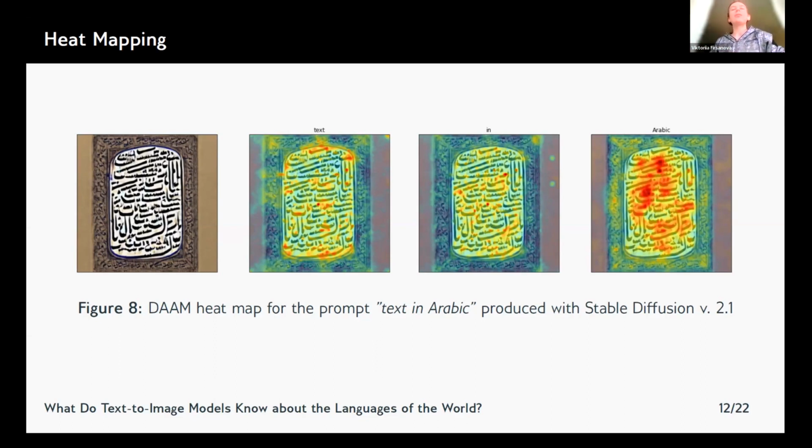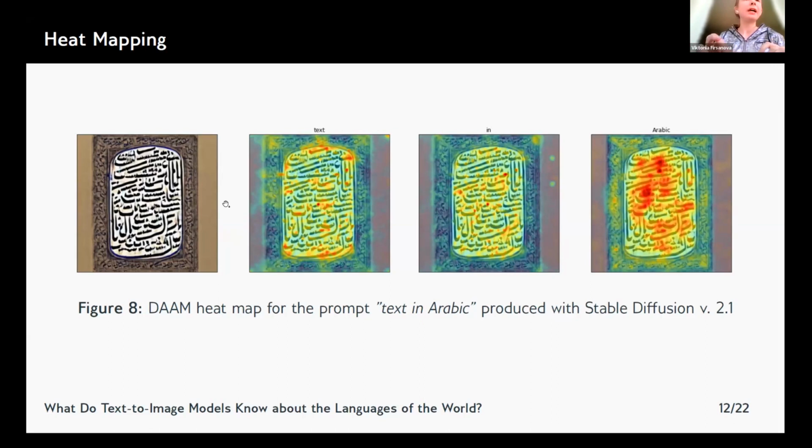Those are some of the heat maps that I made with diffusion attribution attention maps. This is an example for the prompt "text in Arabic." We can see that the word Arabic itself is the most important part for Stable Diffusion and other diffusion models, while the word text is also pretty important for generating this image.